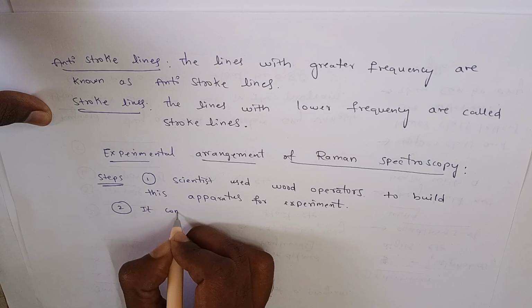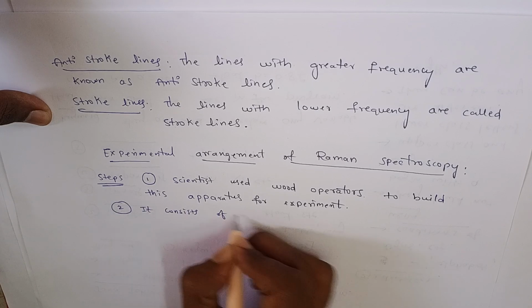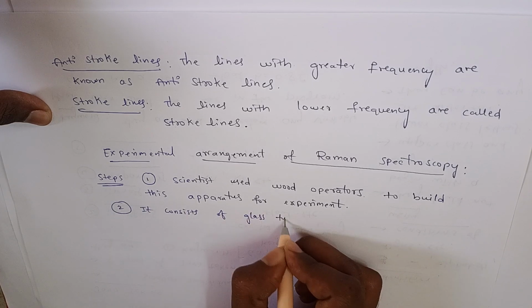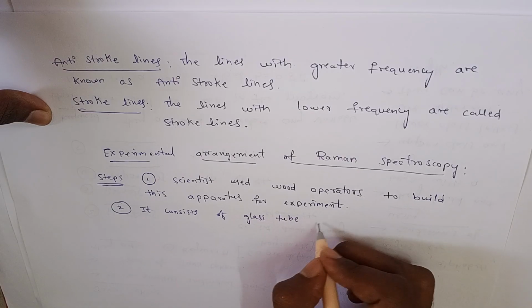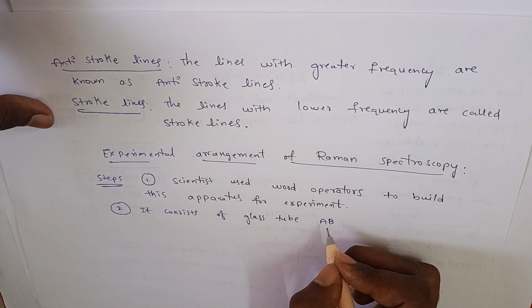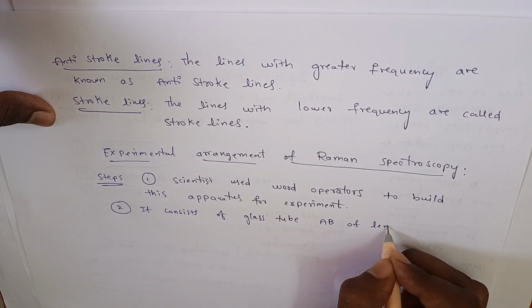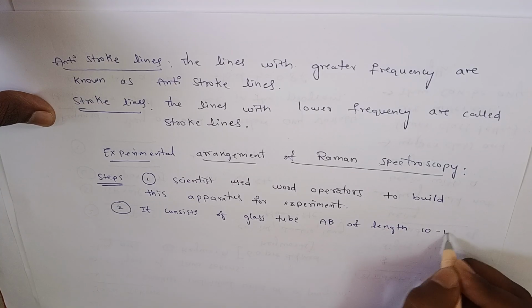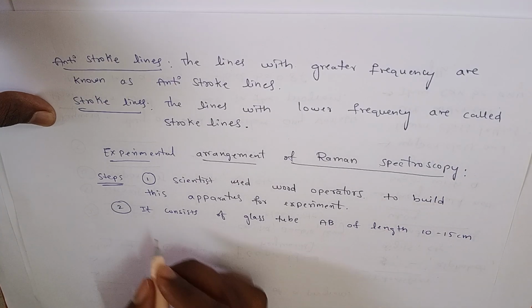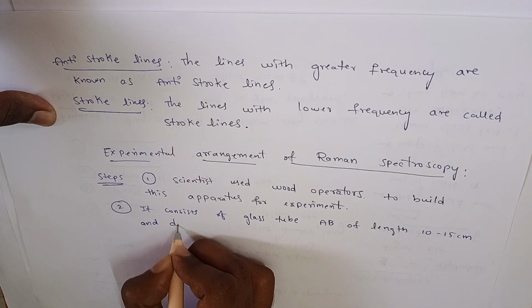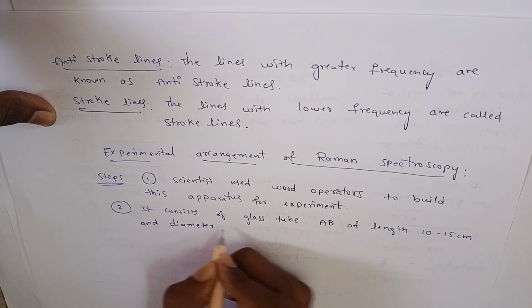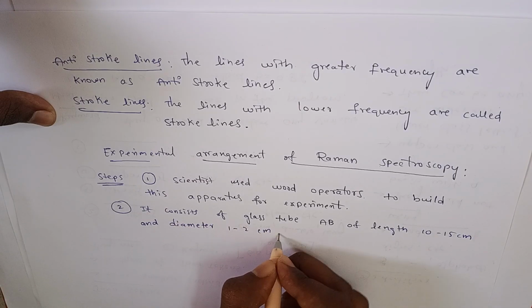It consists of a glass tube filled with water, AB, of length 10 to 15 centimeters and diameter 1 to 2 centimeters.